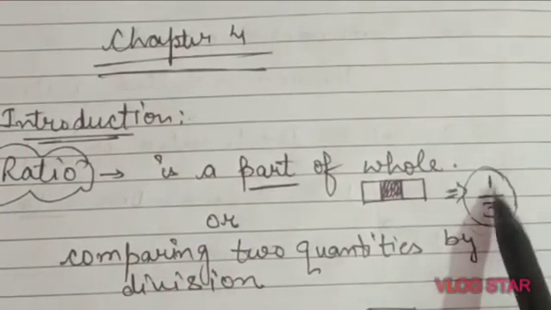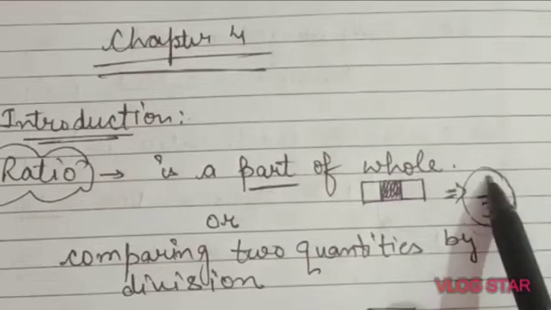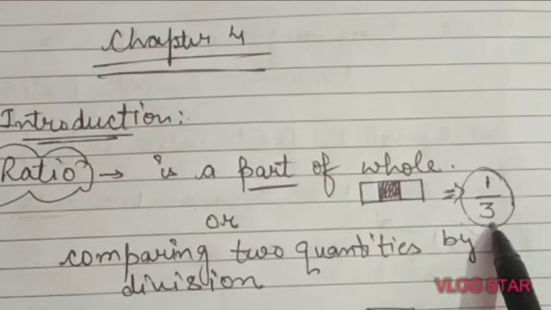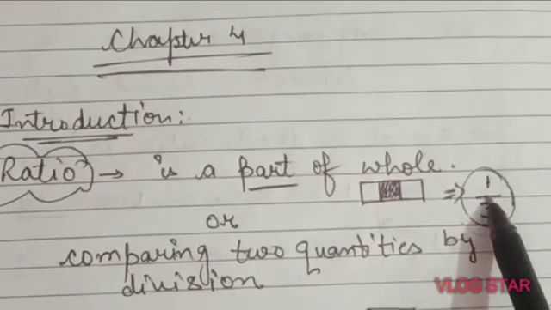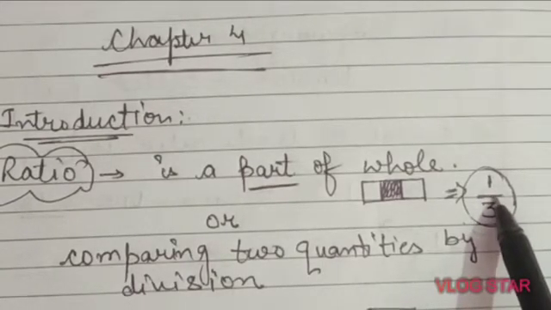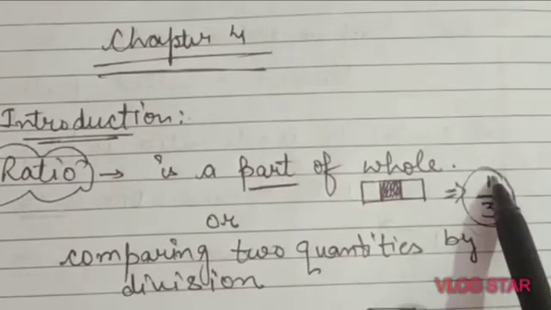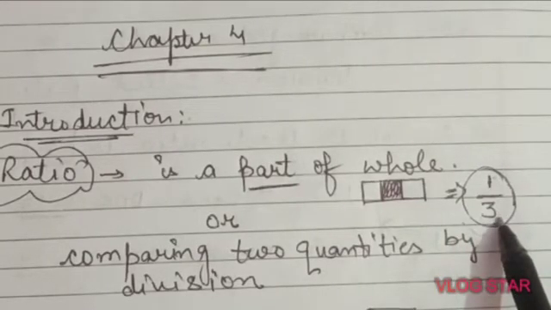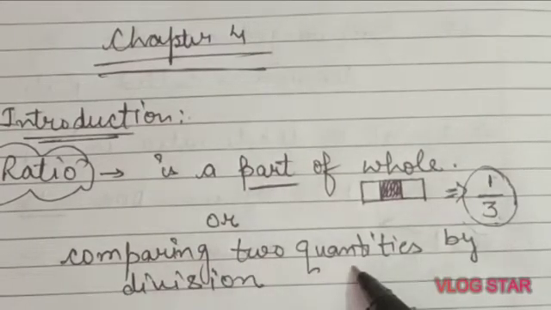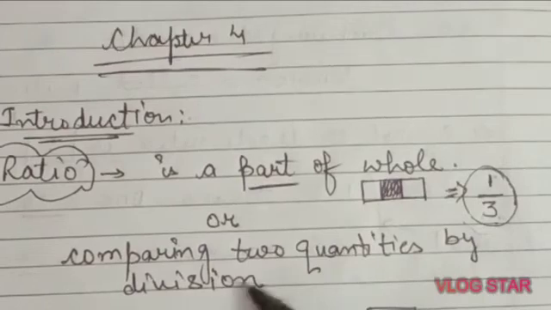Here you can see that we are comparing the shaded part with the whole part by using the symbol of division. Using this division sign, we are comparing this one shaded part with the total number of parts. So another definition is: comparing two quantities by division is called ratio.